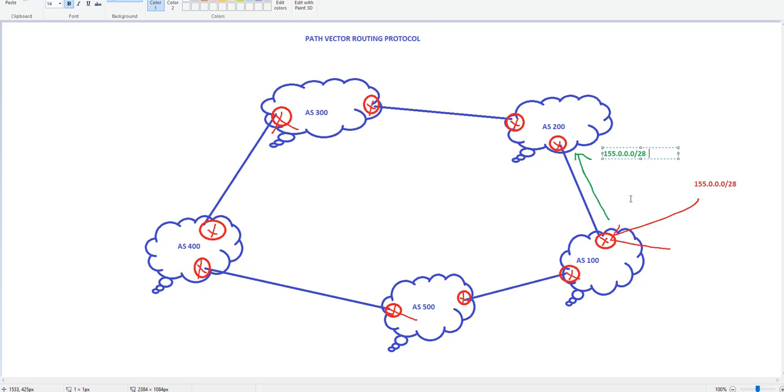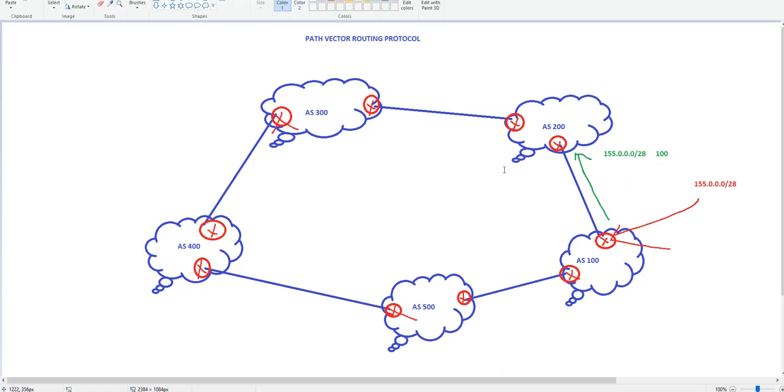And also there is something called a path attribute. It contains the AS path information. This prefix is originated from AS 100, correct?